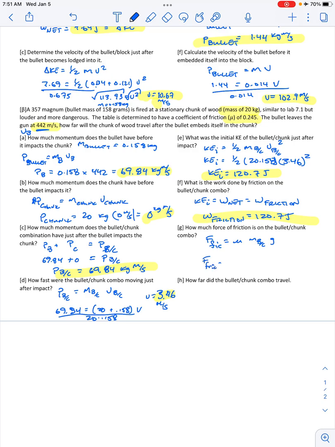So our force of friction equals 0.245 times 20.158, that's both together, times 9.8. So our force of friction equals 48.4 newtons.